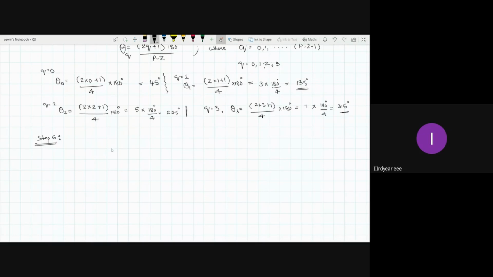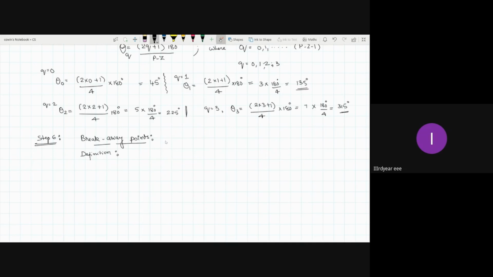So step 6, breakaway points. First, the definition. Breakaway points are the points at which two branches of the root locus meet.